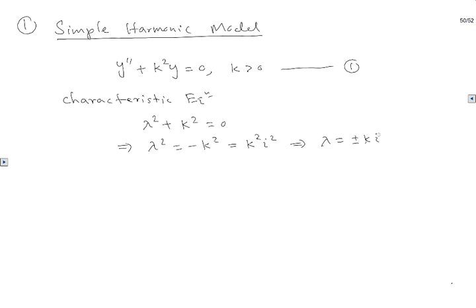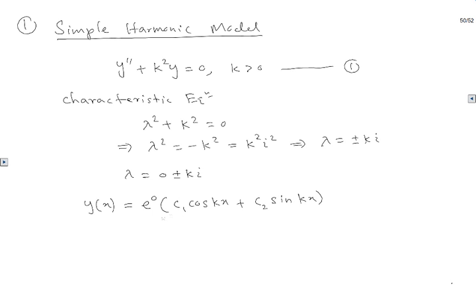So this is complex, and then we can write this lambda in a different way. We can say lambda equals 0 plus or minus ki. So that means we can write the corresponding solution. If you assume x is the independent variable, y(x) equals e to the 0 times c1 cosine kx, because the beta term is k now, plus c2 sine kx.